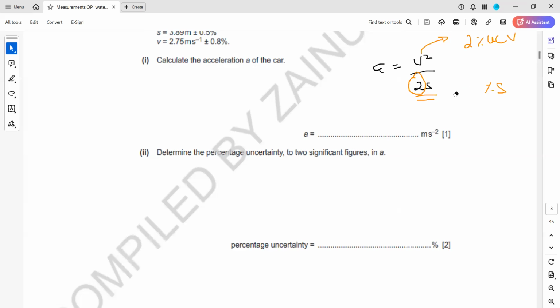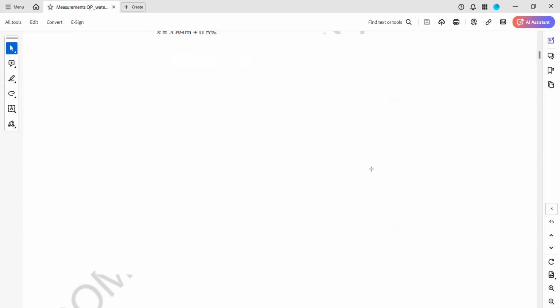Because 2 is a constant, we don't have to multiply with any number. Even if it was written 5s here, I would not multiply it by 5. So for a constant, we don't multiply. We just take the exponent. If there was a question related to this part only, like what is the uncertainty of 2s, say s was 3.89 plus or minus 0.5%, and they specifically asked what is the uncertainty in 2s.